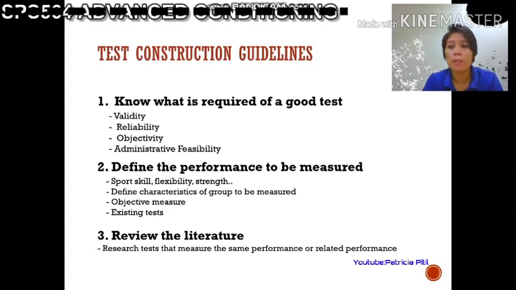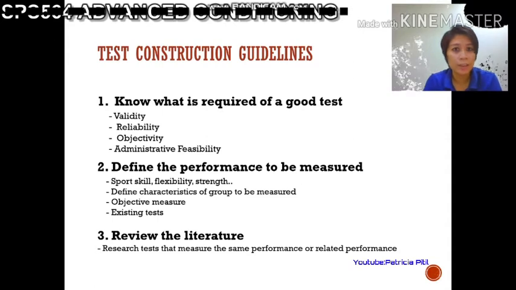For example, a 1 RM, one repetition maximum, is not suitable for children or for the elder population, orang tua tak sesuai. So you have to know. Okay, choosing the test, make sure that they are very well defined. And then what is the objective of that test that you're going to measure?